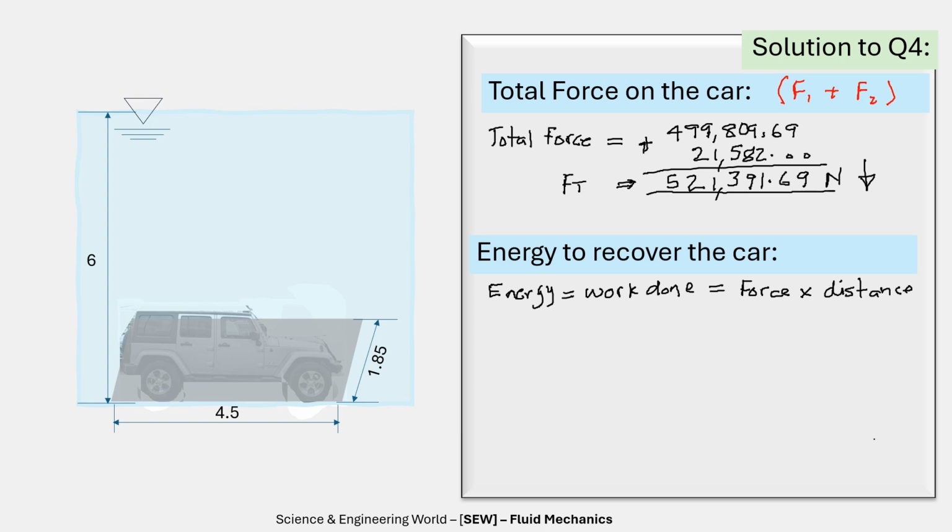In this scenario, we need the equivalent of the Ft above to be able to bring the car up. So the force is Ft and the distance is the depth of the lake. So the distance will be h bar.